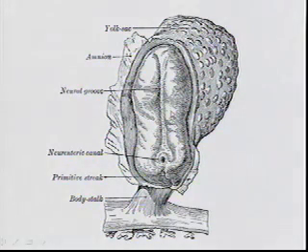So this is the neural groove. We see the body stalk connected to the chorion, very well established here in this view.